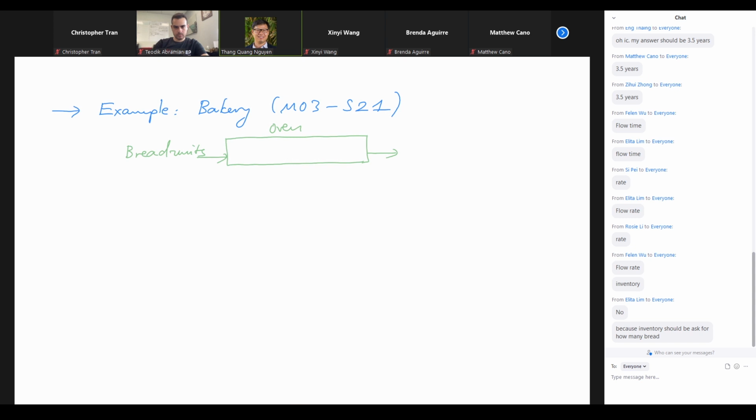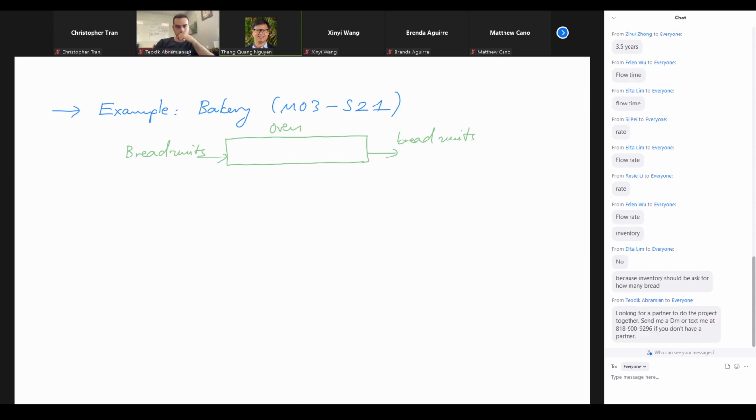But through the hot oven for 12 minutes, at the end we have the fully baked goods, and then they are ready to be distributed and consumed, right? So bread units. But for process analysis, we have to say the same thing going in and the same thing going out. We have to have consistency from the beginning to the end. So we say that the bread units go inside the process, and at the end, they exit the process.